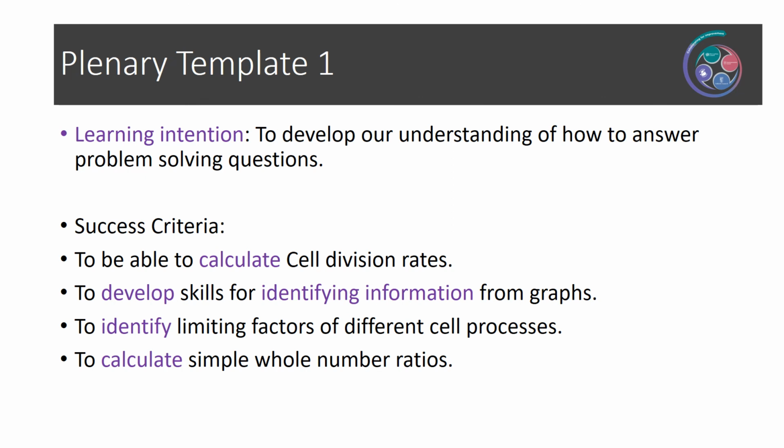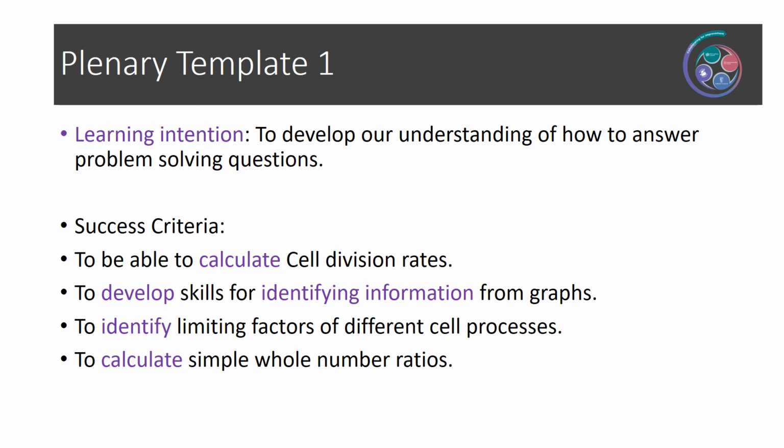You should also be able to develop skills for identifying information from graphs, so looking at what is on your x-axis and your y-axis, and then being able to identify what information is on each and being able to make assumptions about what the graph is about.